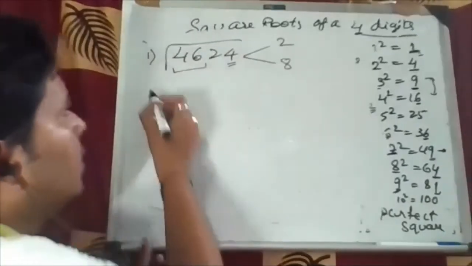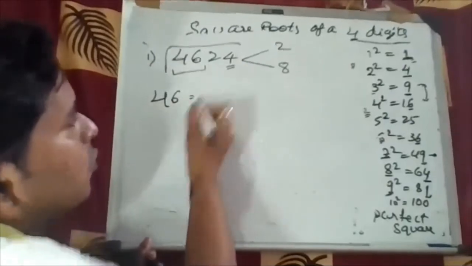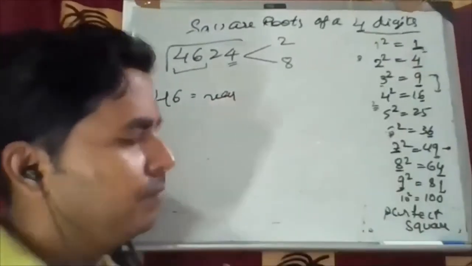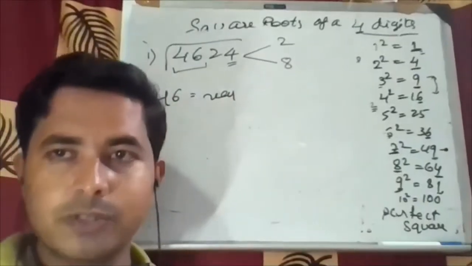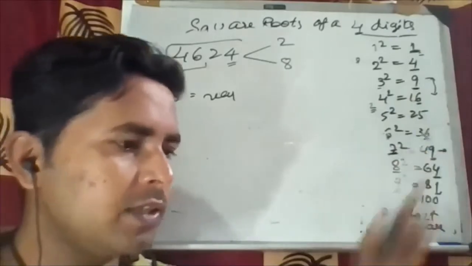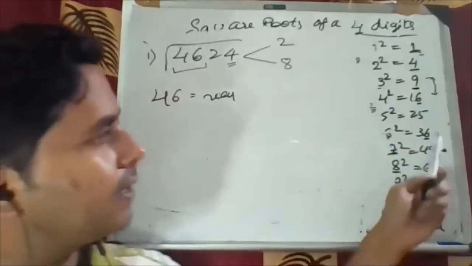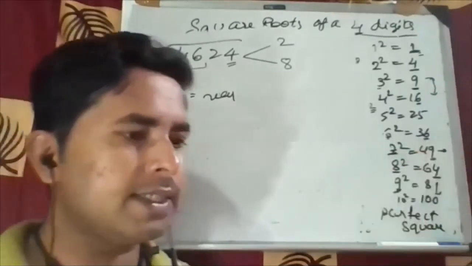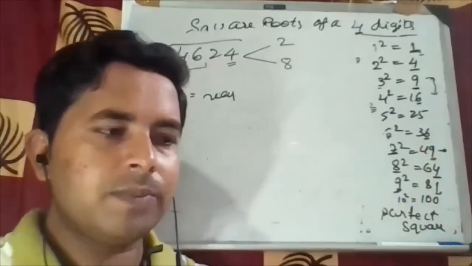So now check, this 46 is a square value. What is the nearest square value in this table? Near 46 you will get a square value of either 36 or 49.